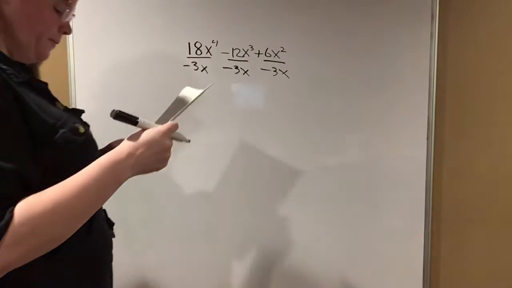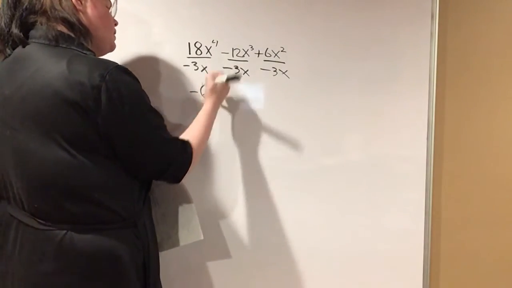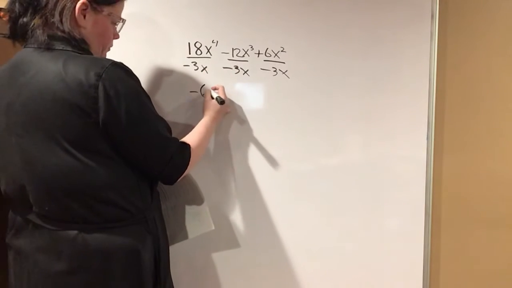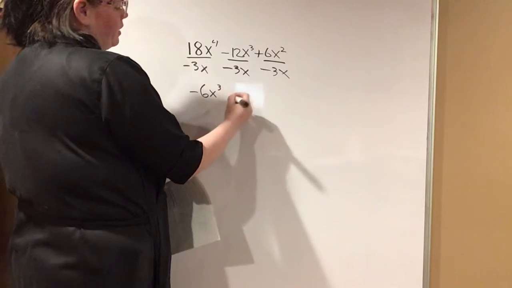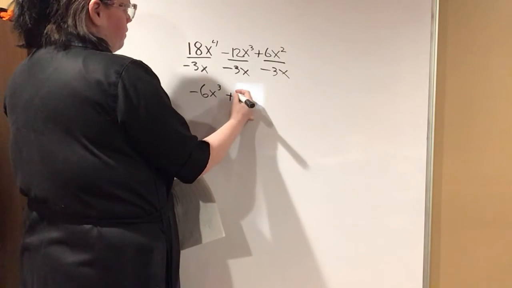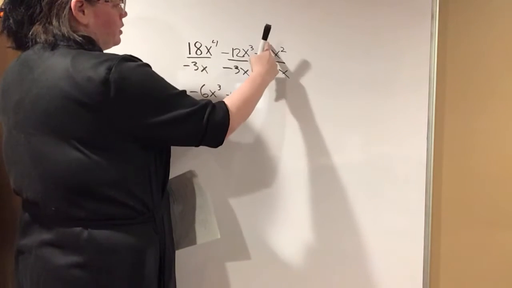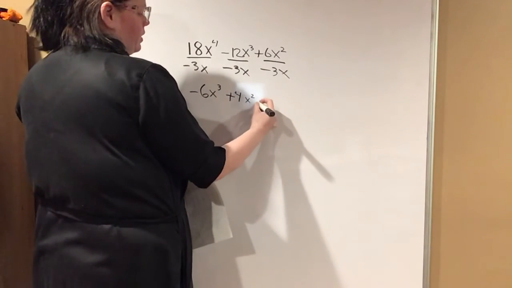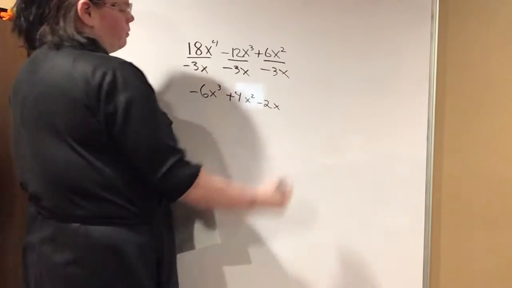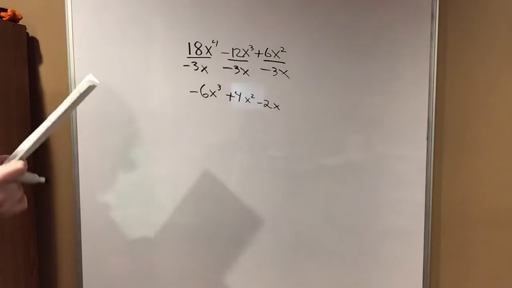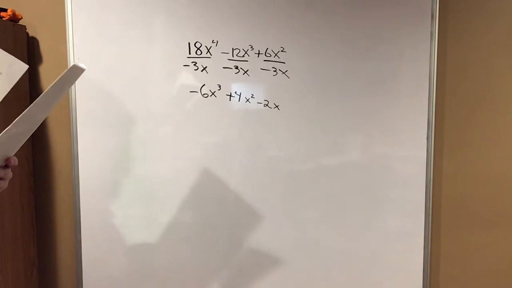So 18 divided by negative 3, negative 6, and then 4 minus 1 is 3. Negative 12 divided by a negative 3 is a 4, positive. 3 minus 1, 2. 6 divided by a negative 3, negative 2. And then 2 minus 1, 1. That is dividing polynomials.